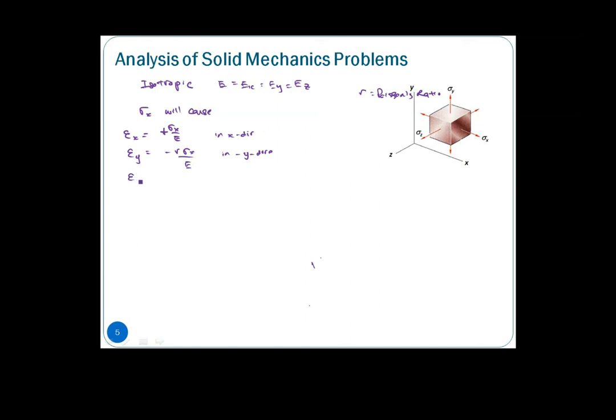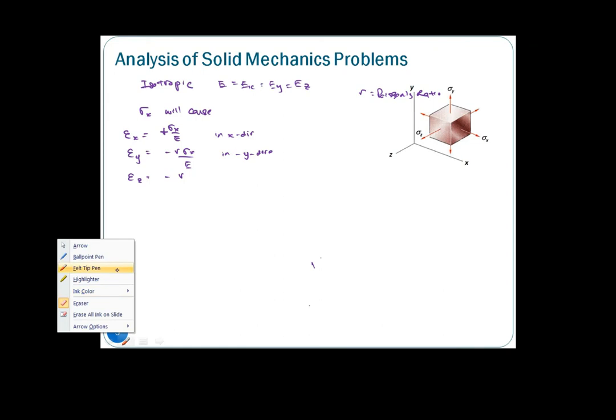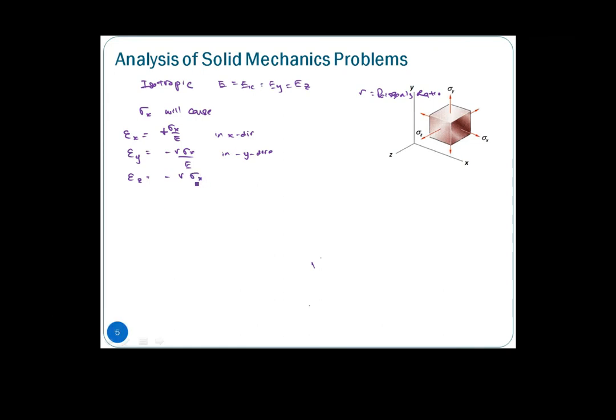Then we have also epsilon z. So sigma x itself will cause strain in x which is positive, and in y and z which are negative.